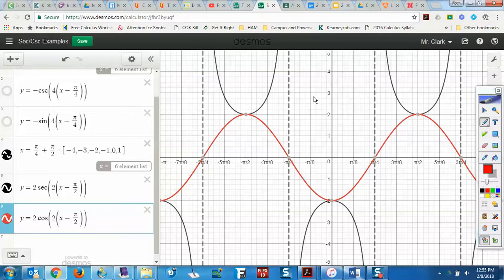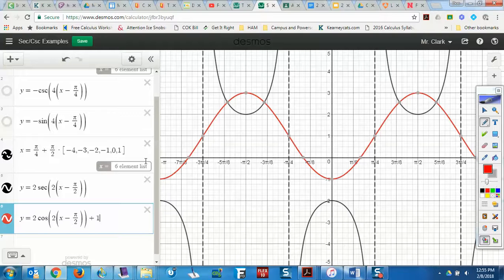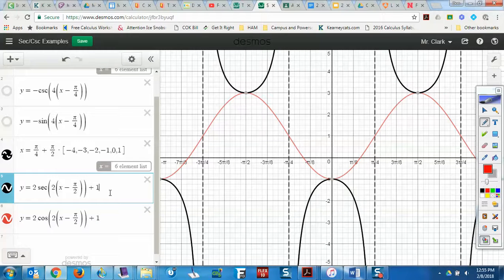Now, the only time that changes is if I shift this up one, if I do a plus one, it's like your x-axis has shifted, okay? So if I go plus one here, where do my asymptotes go through? I've shifted the whole graph up one, but here's the middle of the graph, where it goes up and down.